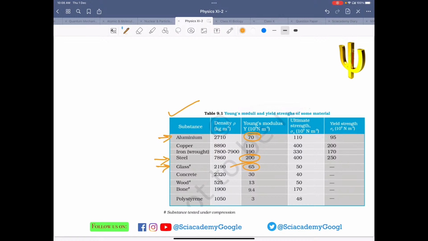That means the material which has high Young's modulus is more elastic.